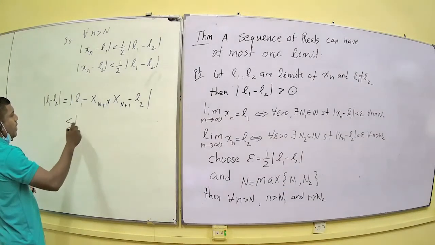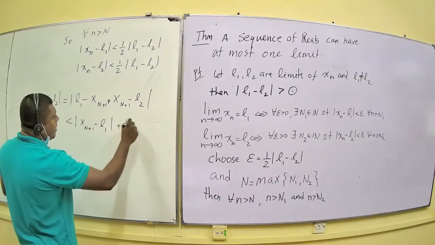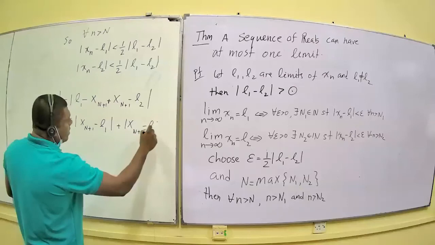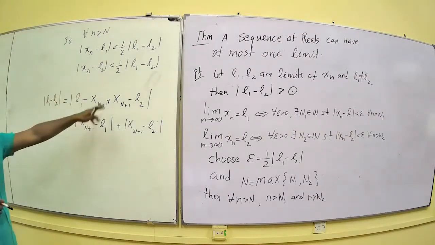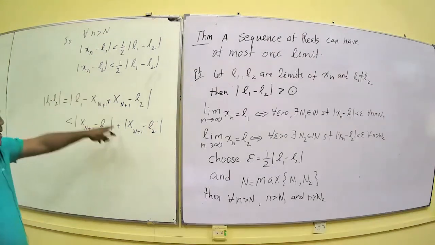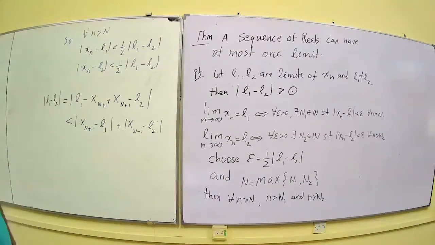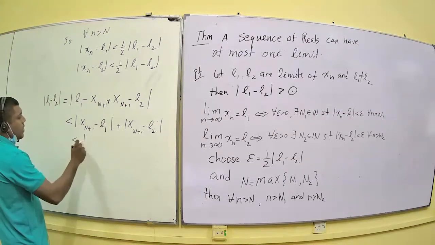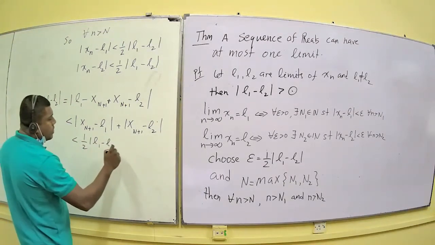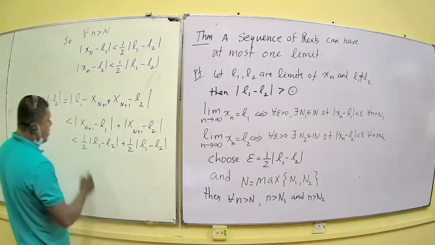So by the triangle inequality, this is at most |x(N+1) − L1| plus |x(N+1) − L2|. You take out the minus first from this and then do all the things. Actually I combined two steps: the triangle inequality and taking out the minus. Now this is less than half of |L1 − L2|, and this is again half of |L1 − L2|.